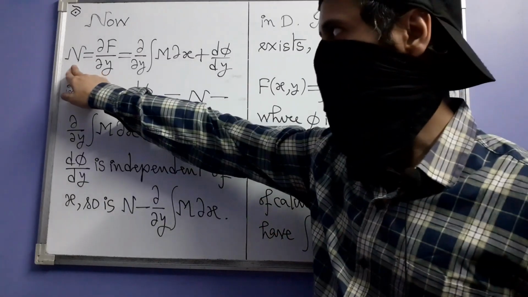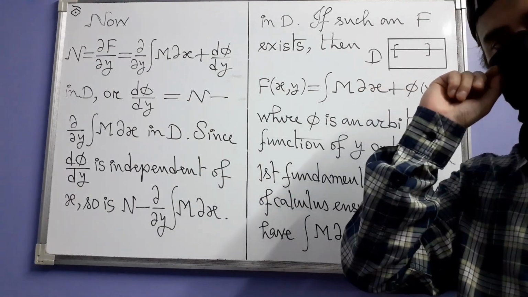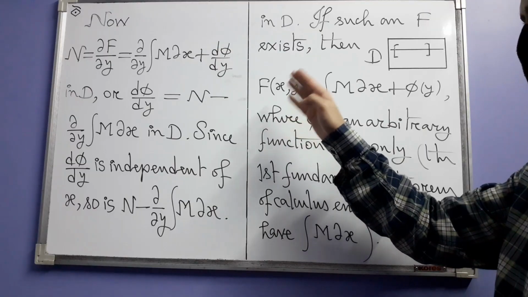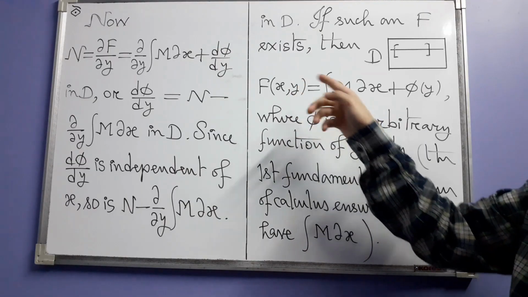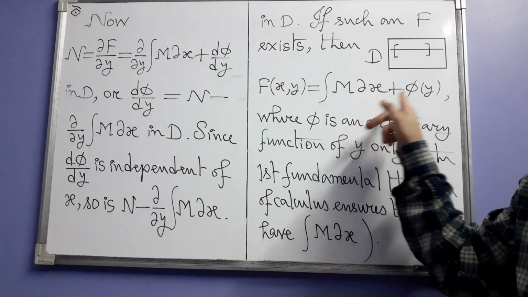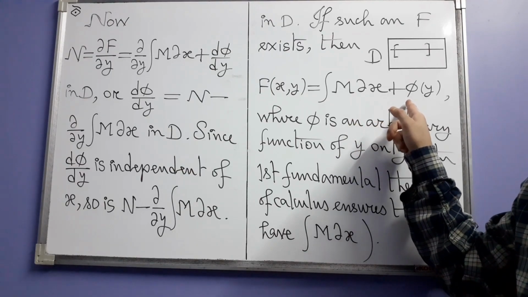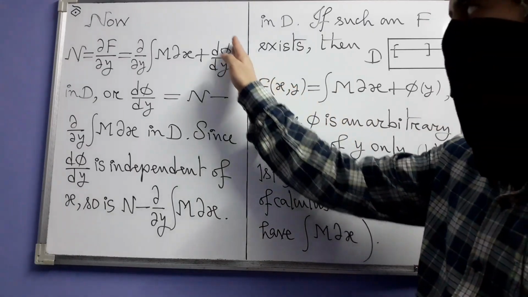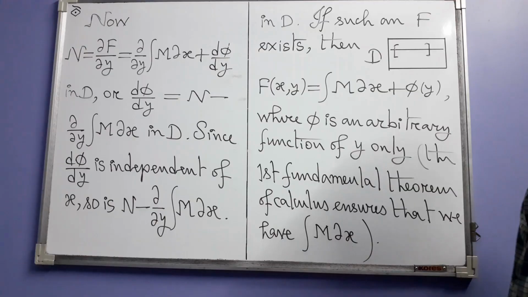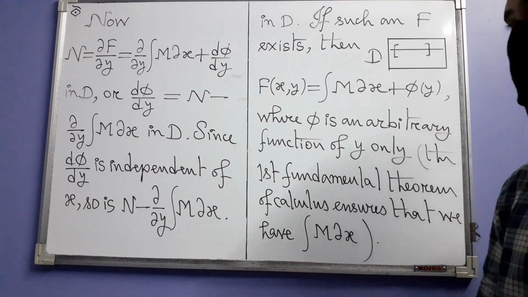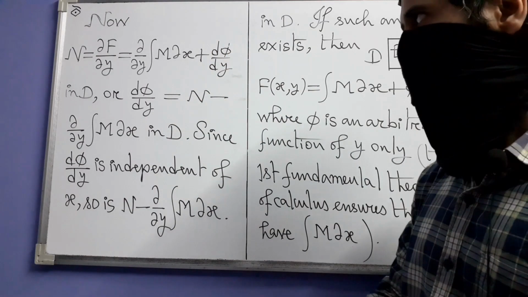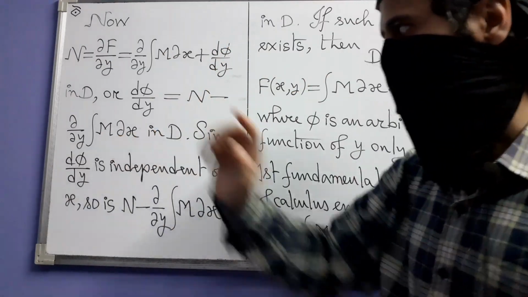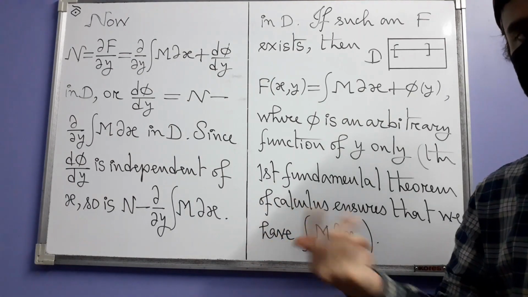We use the fact that n should also be equal to del f del y, and from here we find that del f del y is del y of this integral plus del y of this function phi, but because phi is a function of y only, the partial derivative turns into an ordinary derivative. Now what we do, we keep this on one side and transfer this to the other side. So you get n minus that thing. The domain D is of course always there.